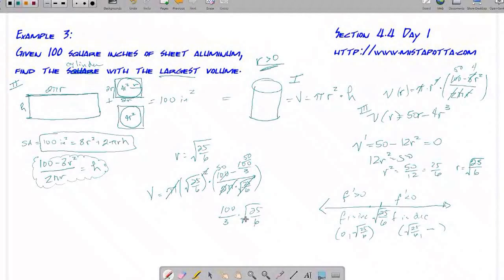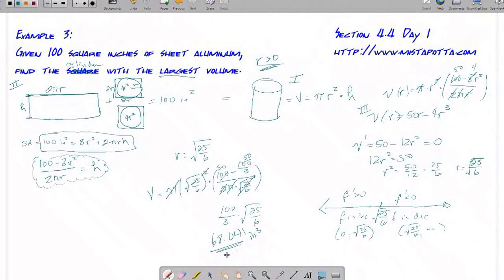And if I do this with the decimal, I get 68.041 cubic inches.